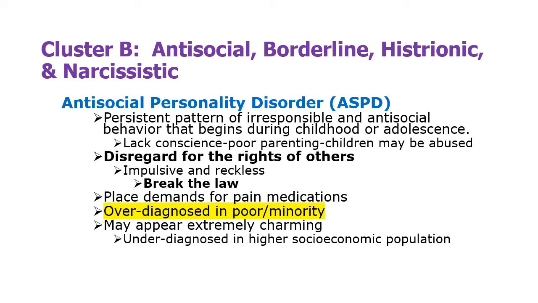And it's because people with this disorder may appear charming under the right circumstances. This condition is also associated with very poor parenting or children who have been abused during childhood, further adding to the risk of breaking the law in the future.